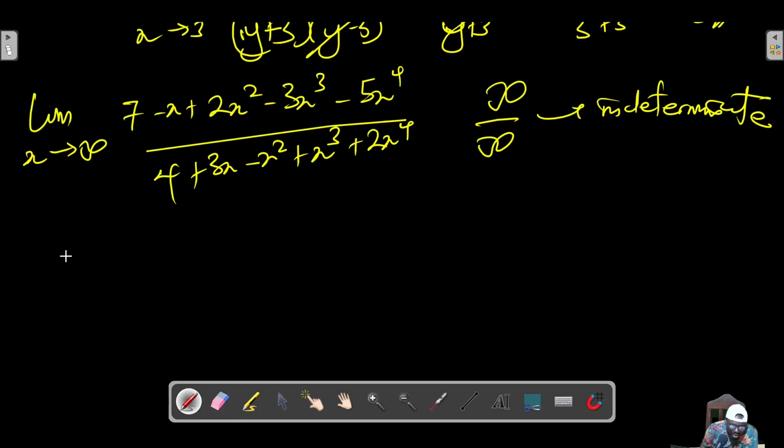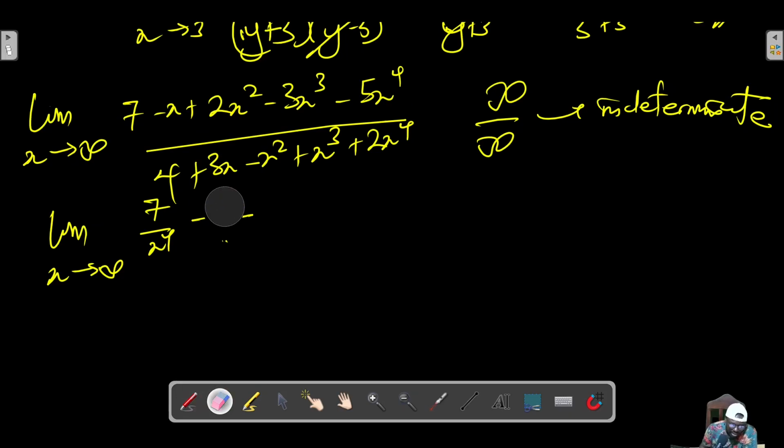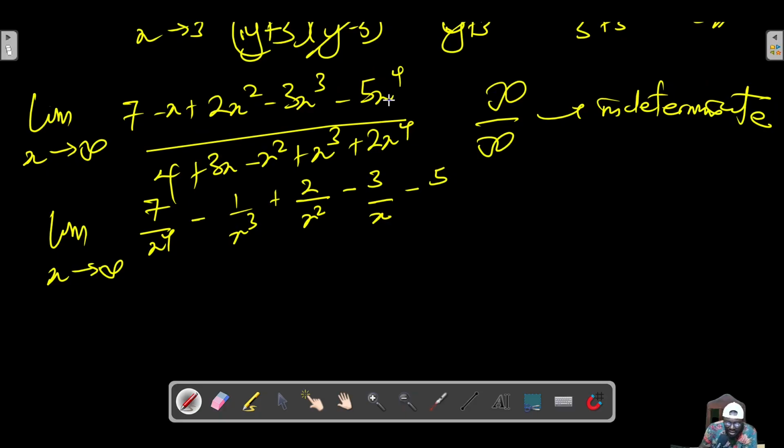So here, we can say the limit as x approaches infinity, dividing through by x to the power 4: 7 divided by x to the power 4, minus x divided by x to the power 4, which is 1 over x cubed, plus 2x squared divided by x to the power 4, which is 2 over x squared, minus 3x cubed divided by x to the power 4, which is 3 over x, minus 5x to the power 4 divided by x to the power 4, which is negative 5.